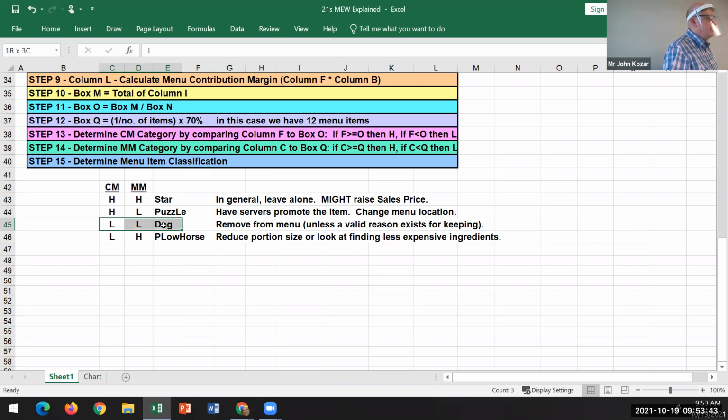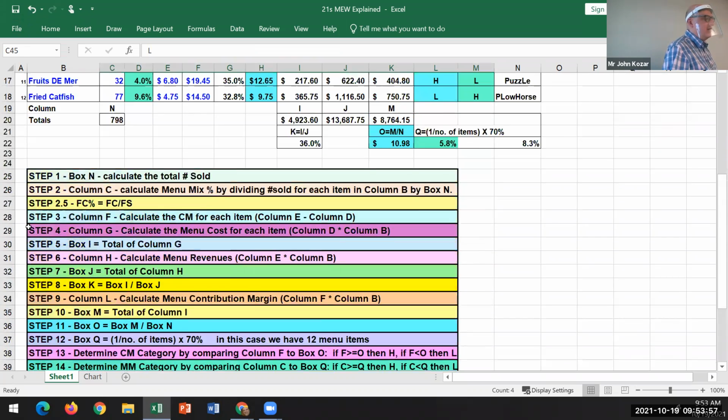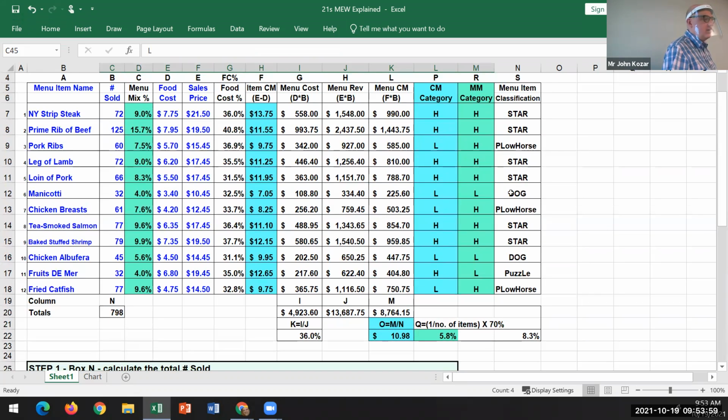We have something that's a low contribution margin and a low menu mix. So we're gonna remove these from the menu unless there's a valid reason for keeping. If we take a look and see what our dogs are, I think we have the 2. We have manicotti and chicken albufera.